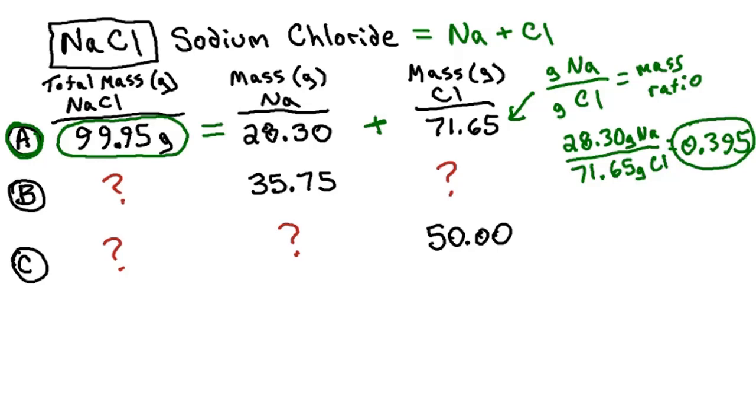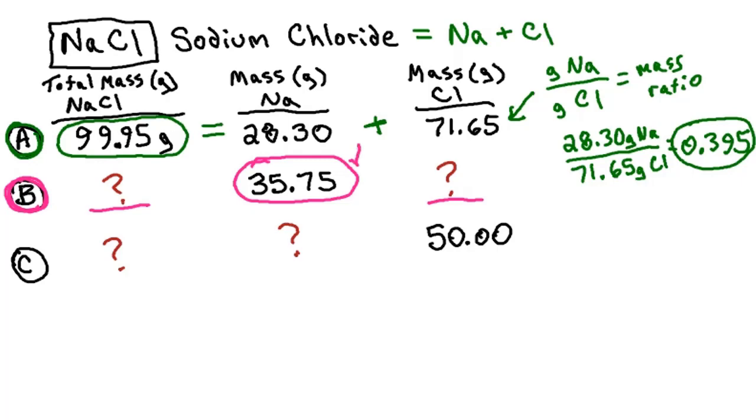So now we can take this mass ratio and use it to solve the other two rows for sample B and sample C. So let's look at sample B first. We don't know what the total mass of sodium chloride is, and we do not know what the mass of chlorine is in grams in this one, but we do know the mass of sodium in grams.